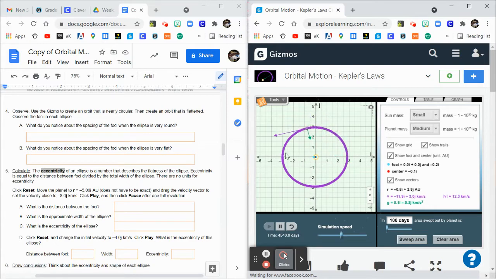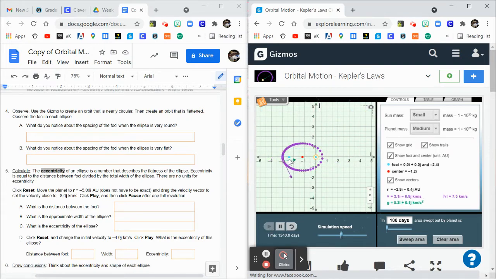So what do you notice when the foci are very close together? And what do you notice when the foci are very separated?